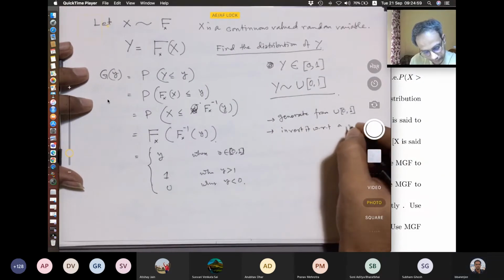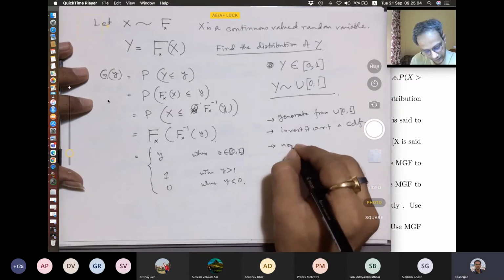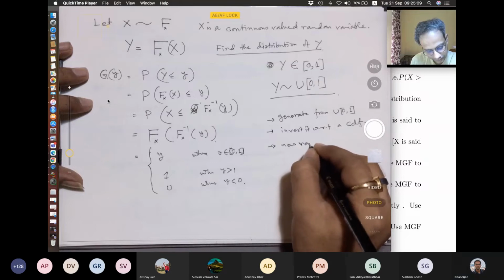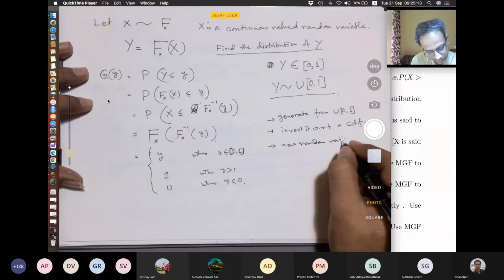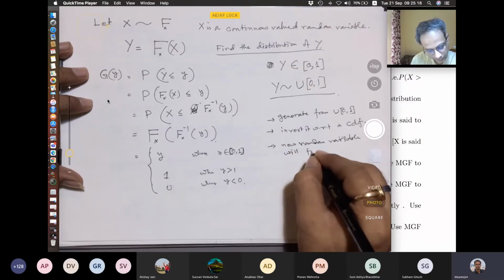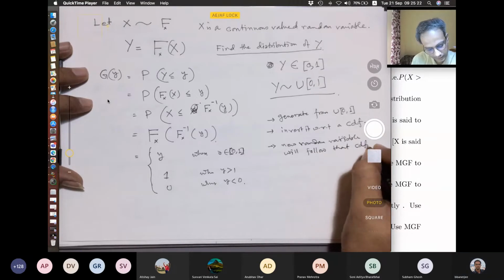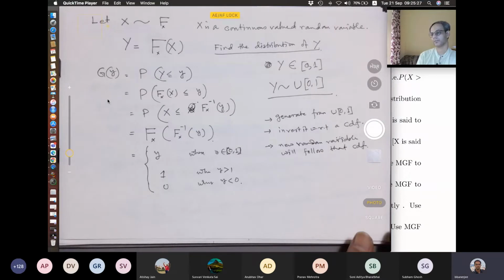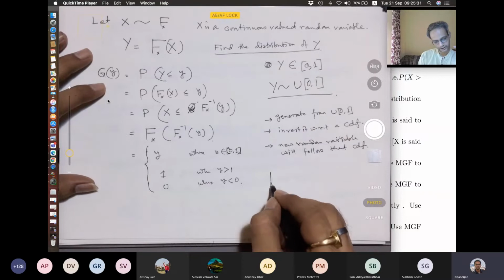a CDF, the new random variable will follow that CDF. And that distribution will be characterized by which function. So eventually this is the thing.